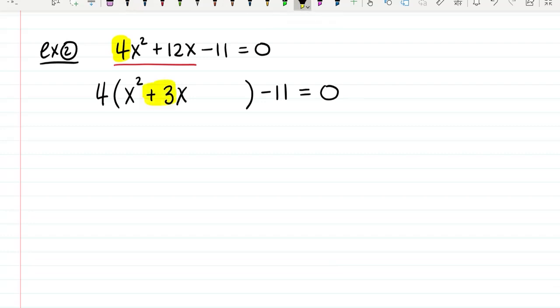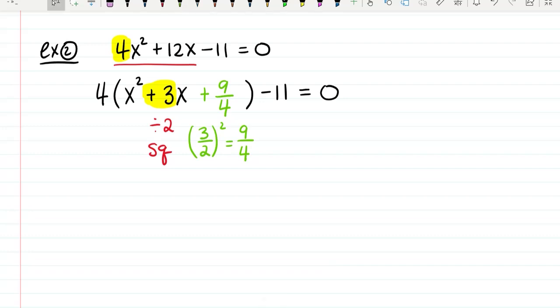Look at the coefficient of the x term. We're going to divide it by 2, and then we're going to square that number. So if you divide by 2, it will be 3 over 2, and if you square that, it will be 9 over 4. So that 9 over 4 will be written inside the brackets like that.